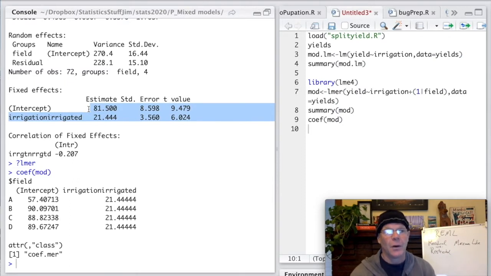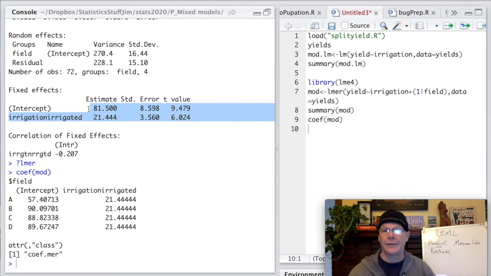Okay, so one other thing that I will mention is that there could be a scenario where you would not treat field as a random effect. So don't always assume that fields or growth chambers or whatever they might be, anything that you would block by, have to necessarily be random effects. One scenario where you would want to treat field as a fixed effect is if you were hired as a consultant by somebody who was going to buy one of these four fields, and they wanted you to do the experiment to find the best field, the one that has the greatest yield, et cetera.